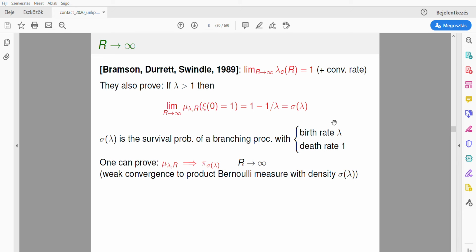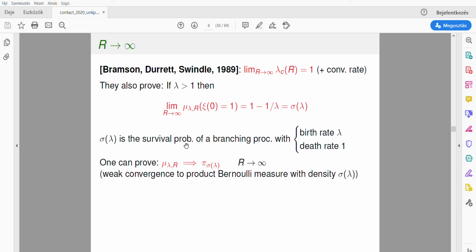And there is one more thing that one can prove, but this is not proved in the paper of Bramson, Durrett, and Swindle, and it would come out of the methods of the paper that I'm going to talk about.